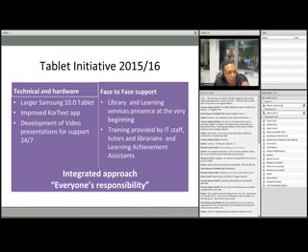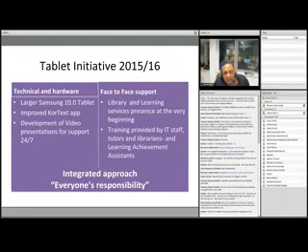So while the 14-15 initiative went down quite well, there were a few issues. One of the things we learned, I think it was Marina who mentioned earlier, was the idea of being able to provide face-to-face support to students so that they could actually access it.